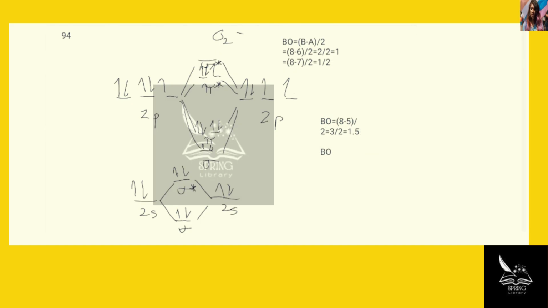Then for the next one, it's O2 positive. Instead of adding one electron, like we did for O2 negative, we have to take away one electron. So we're just going to take one of these away. We know we will need to take 2 of the electrons away from the molecular orbital diagram for O2 negative. We took away 2 from the antibonding.